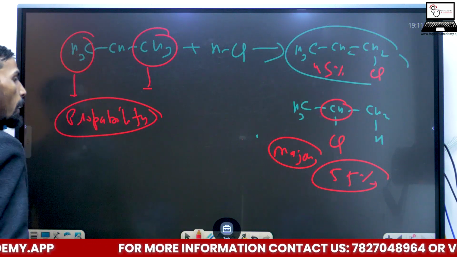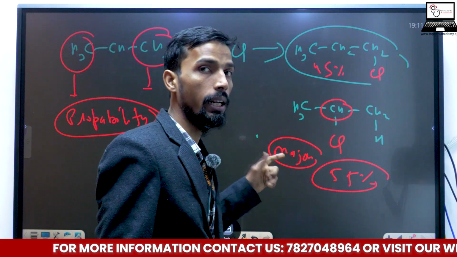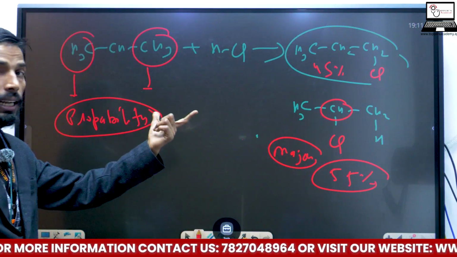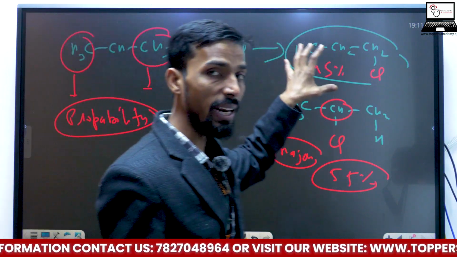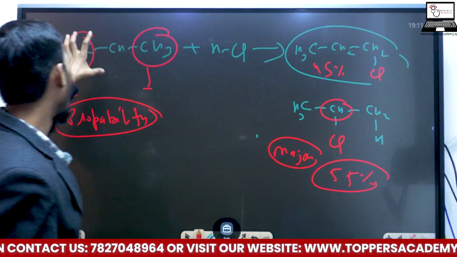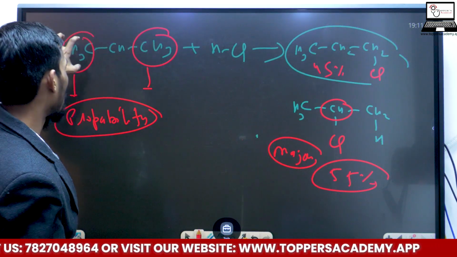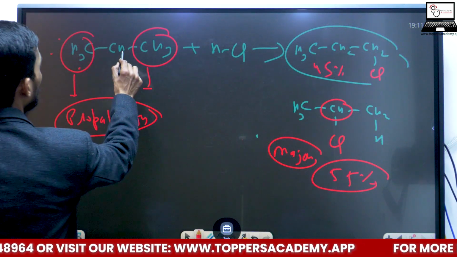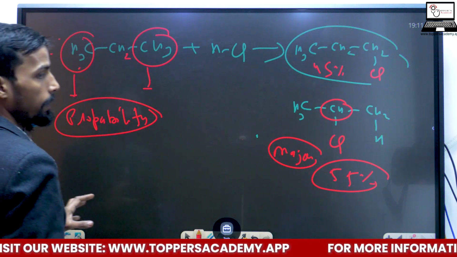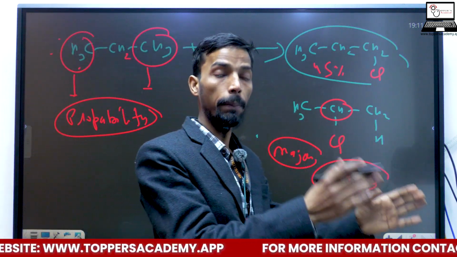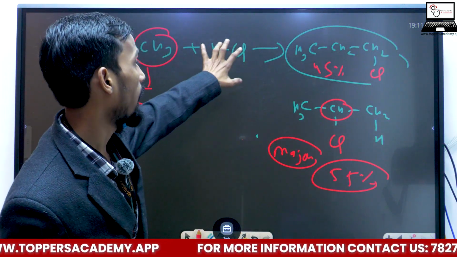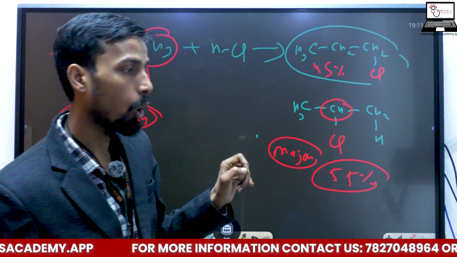Due to that we are getting a higher content of minor product also, because we have 6 hydrogens available and over there we only have 2 hydrogens which are competing for reacting with this HCl, or you can say the Cl dot free radical.